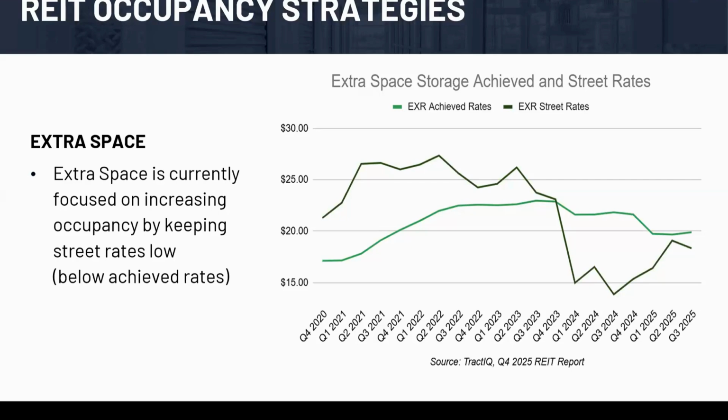But you can see the strategy: Extra Space lowered street rates pretty significantly as storage demand fell, in favor of keeping their occupancies high. So you can see there was a pretty big gap between street versus achieved rates back in 2023, 2024, and it caused all sorts of issues from underwriting to operations. But this was a strategy employed to make sure physical occupancy was maintained.